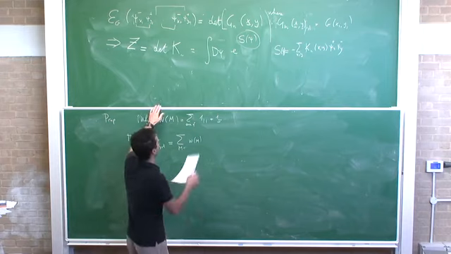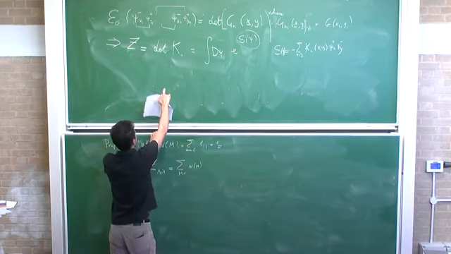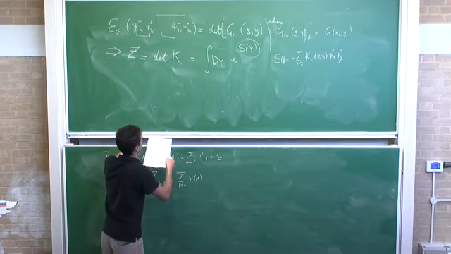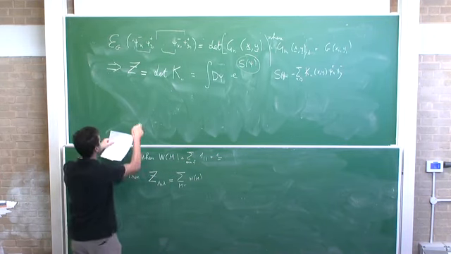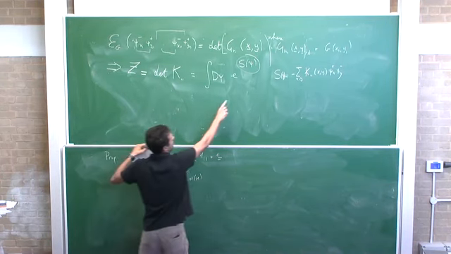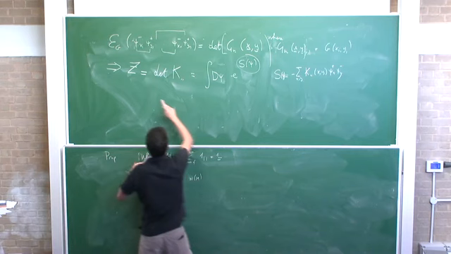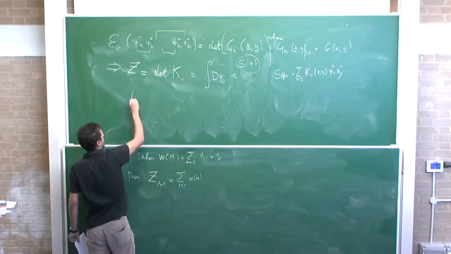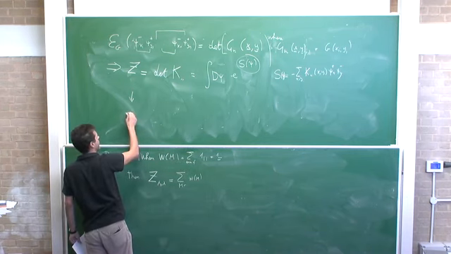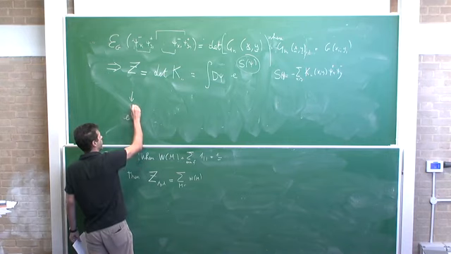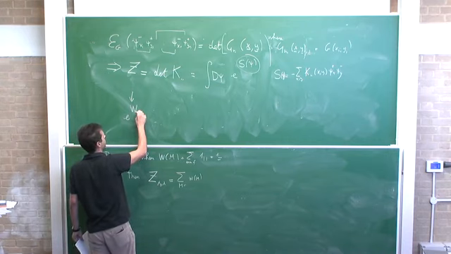Okay, so this is for the partition function, but I can get something extremely similar if I want the following generating functional. Suppose I define the following thing, always for the non-interacting models.